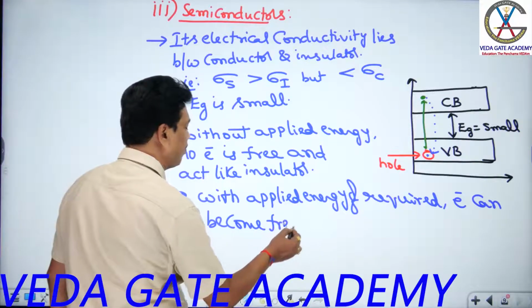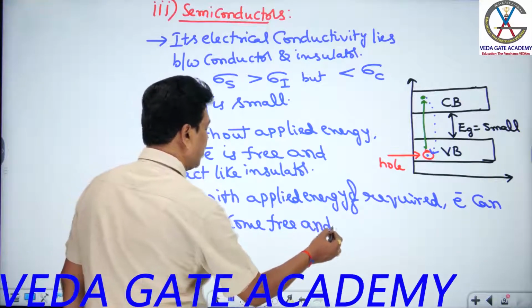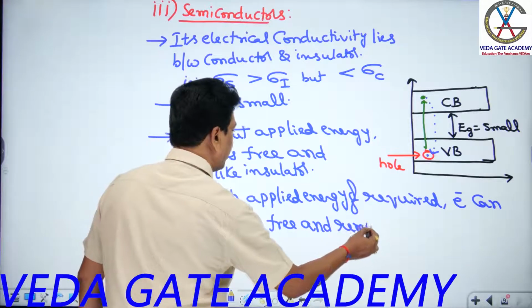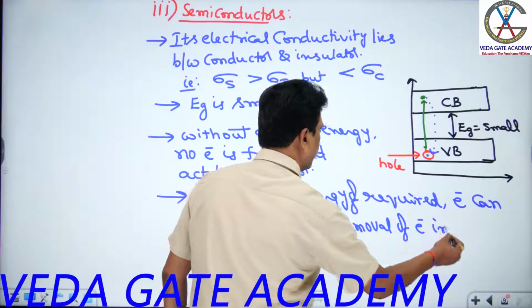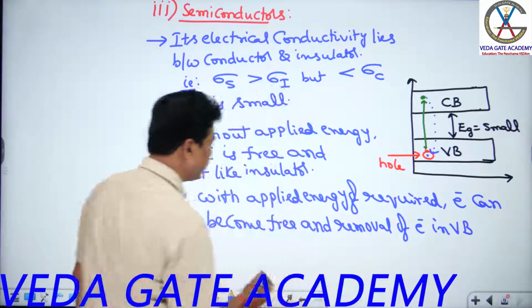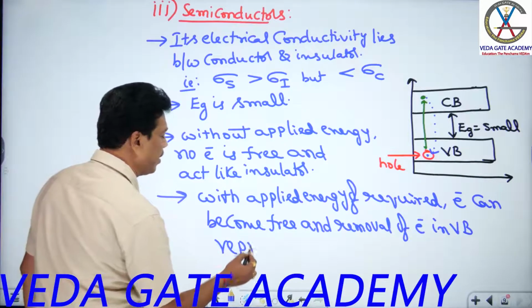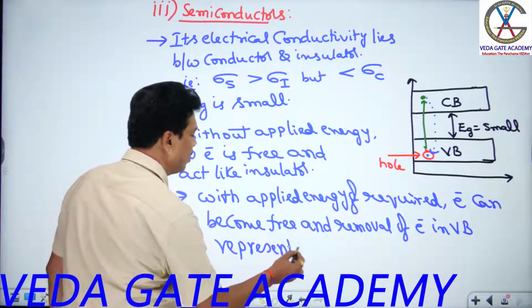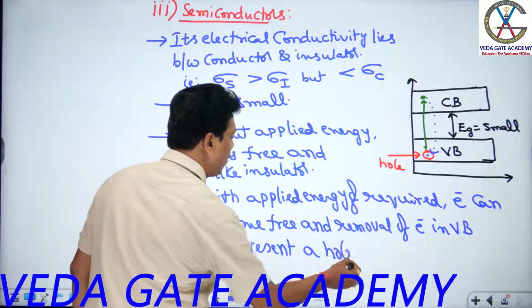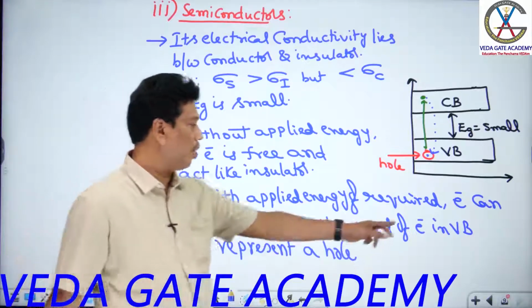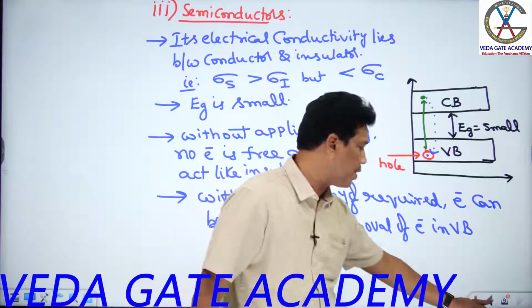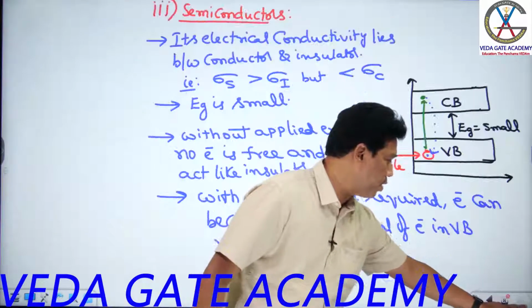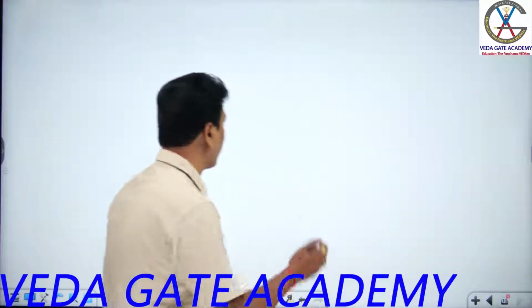And removal of an electron in the valence band represents what, students? A hole. Removal of an electron in the valence band represents a hole. What I told you: a hole is a vacancy due to the removal of an electron.